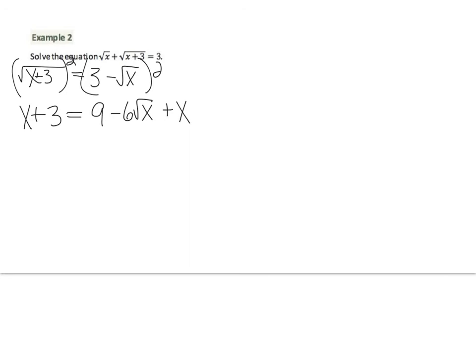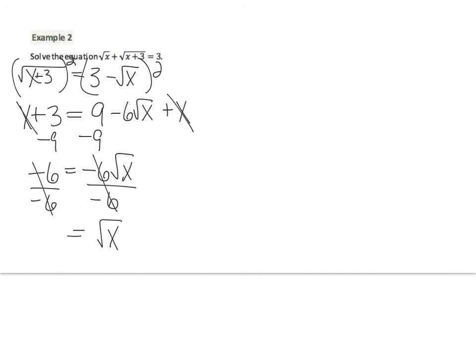Let's go ahead and subtract x from both sides, and those cancel out. Minus 9 on both sides, I have negative 6 equals negative 6 square roots of x. Let's go ahead and divide those, that makes sense.